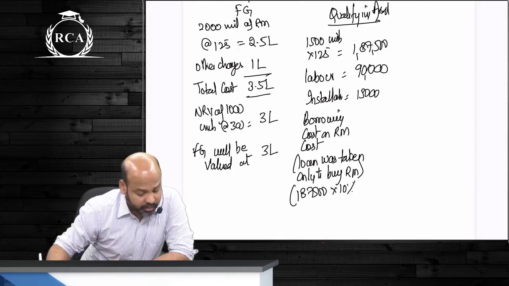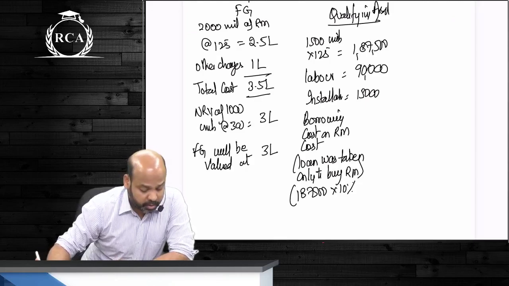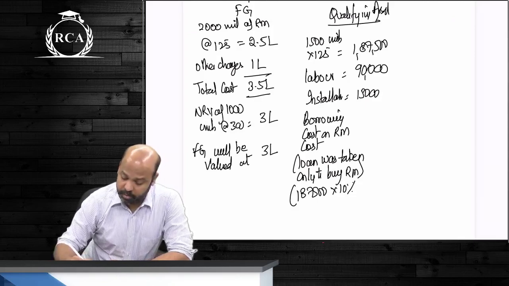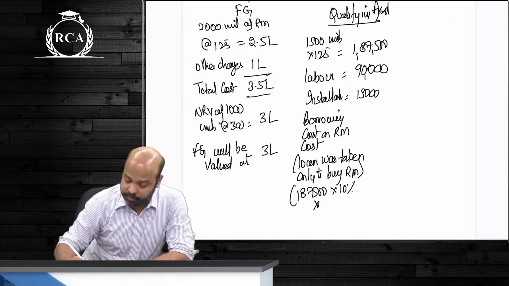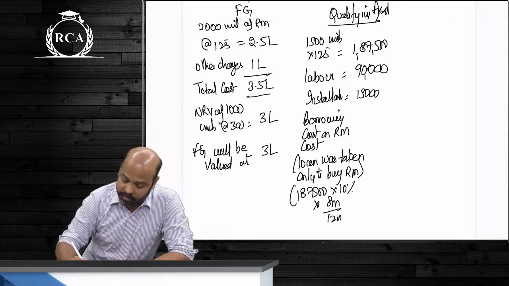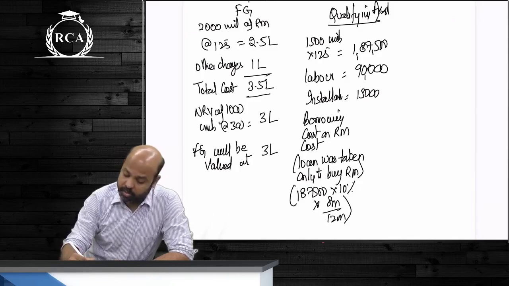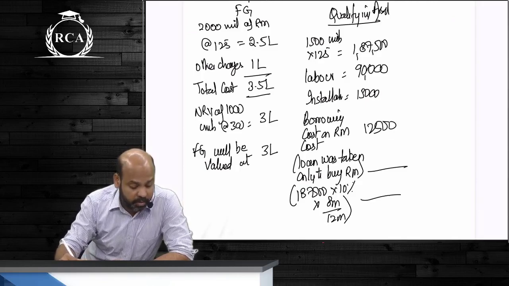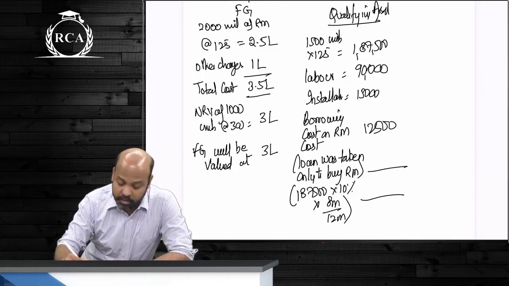We paid 15,000 rupees to install the asset, and then there is no date anywhere. The loan was taken on 1st August, so how much will this be? 8 months. So how much will this become? 12,000. Now total, 3 lakh.